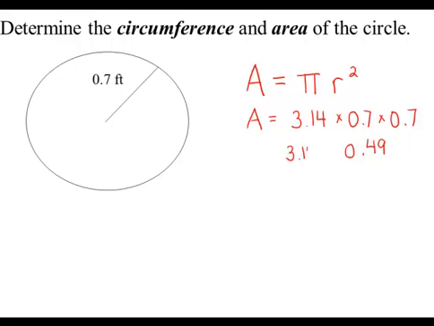Now I'll multiply 3.14 times 0.49. I'll do that multiplication vertically. Beginning with 9 times 4, which is 36. Write the 6, carry the 3. 9 times 1 is 9, plus 3 is 12. 9 times 3 is 27, plus 1 is 28.